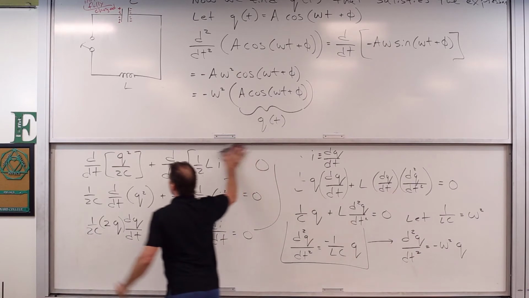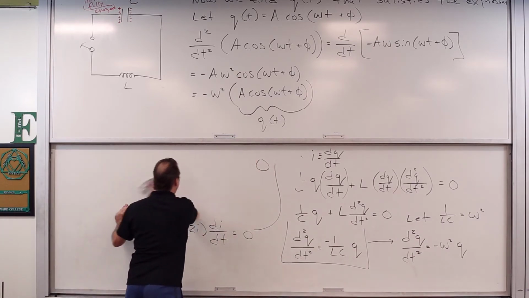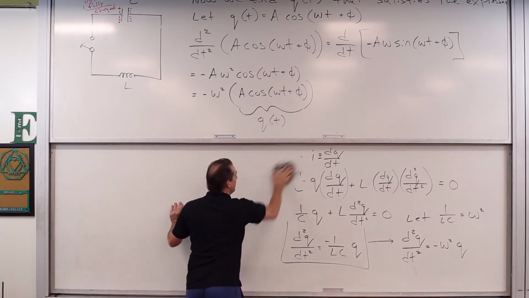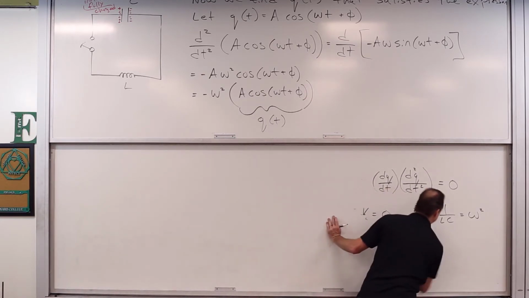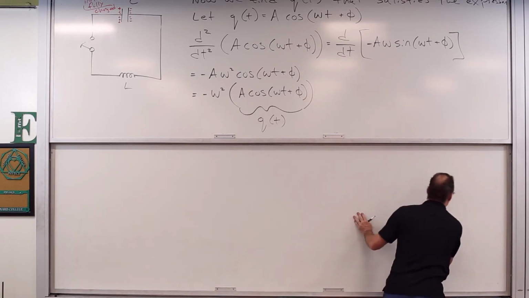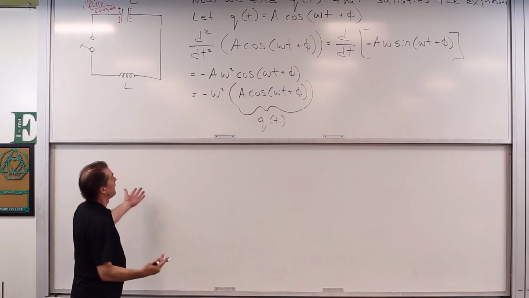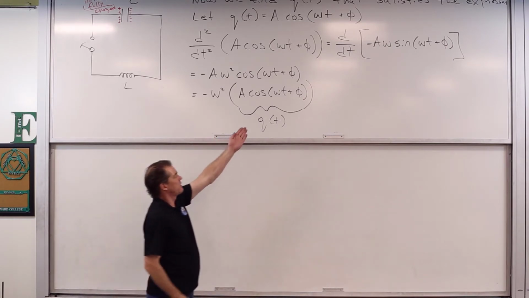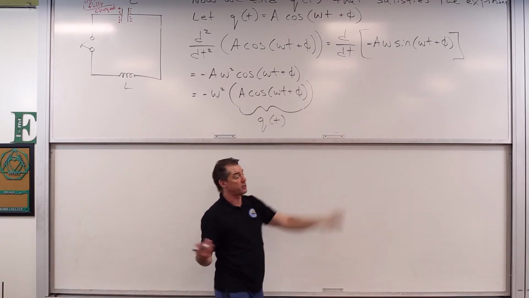So again, this is Q of t, the charge accumulation on the plates of the capacitor as a function of time. Let us deal with this little phase constant, that phi in the expression. Ultimately we just want to say, what is phi going to be? Phi is going to be something that really depends on our initial condition of the system.